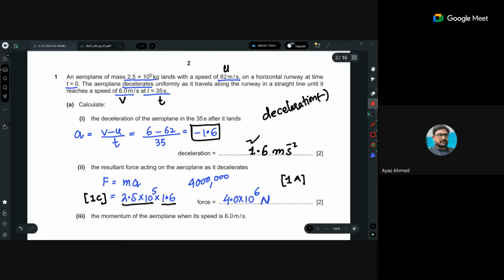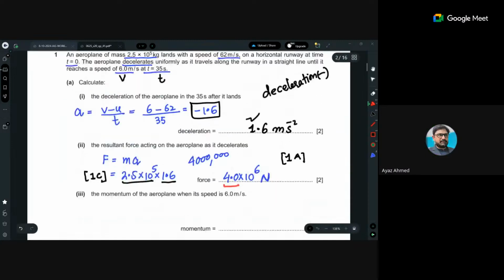I believe that if you are aware of scoring the marks, you will be able to score it, otherwise no. Here I put two significant figures because all the data consists of two significant figures. That's why I put not 4 into 10 raised to power 6 newton, I just put 4.0 into 10 raised to power 6 newton. So it is 4 million newton force acting on it. Is it clear to all?